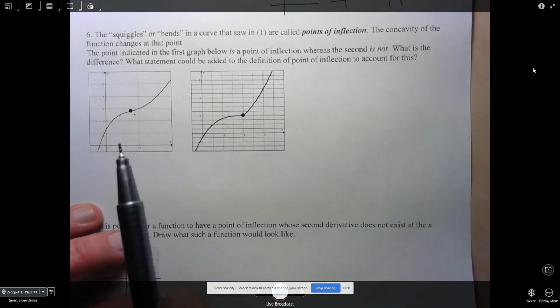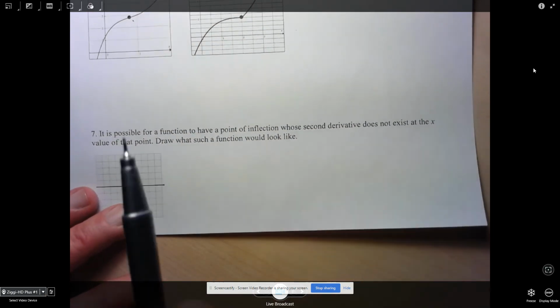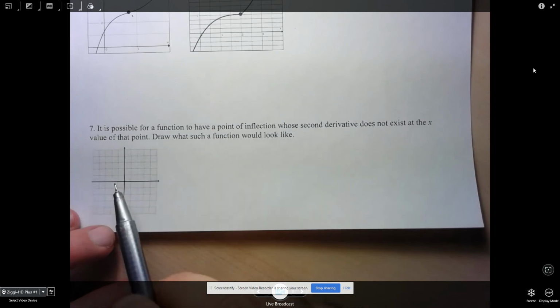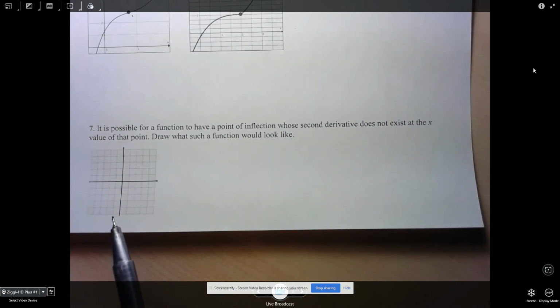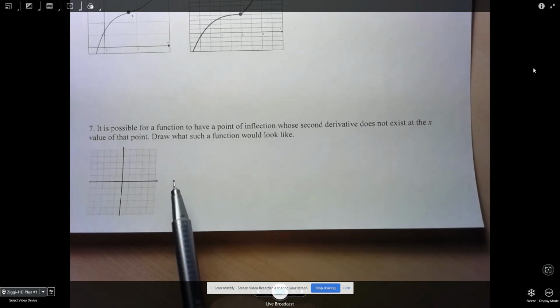Okay, so think about what it would look like to have a nice smooth change of concavity, but having a second derivative that doesn't exist. Okay, so take a couple of minutes to think about this, see if you can draw something interesting, and again, we'll come back in a couple of minutes. So please shut the video now again.